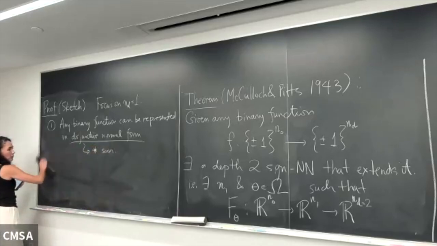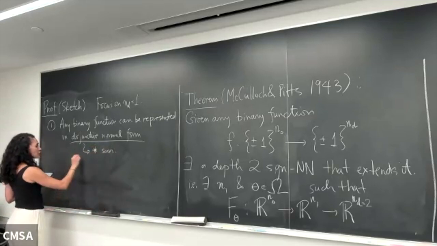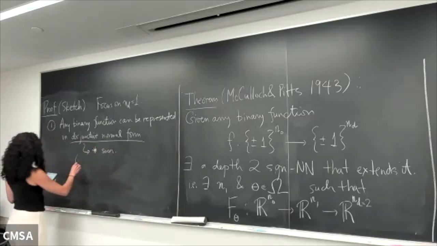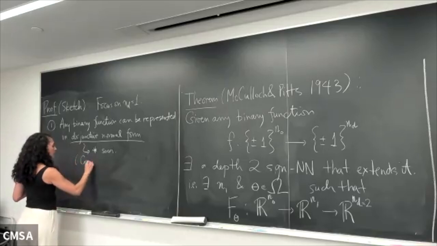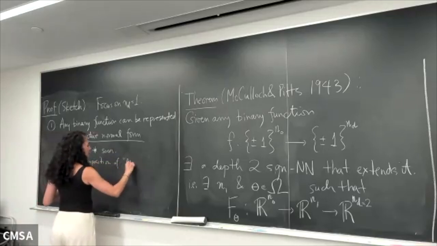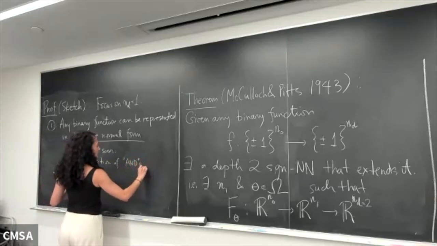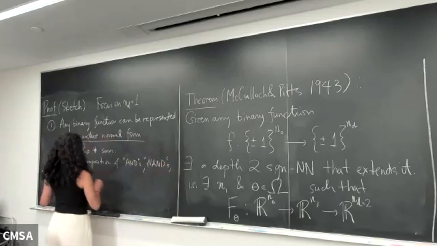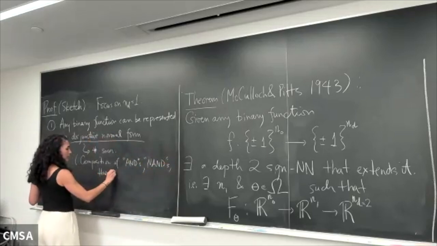Actually, I should say a little bit more though. Essentially, this disjunctive normal form is a composition of first ands and not ands, and then ors. So this is a composition of ands, not ands, followed by ors.